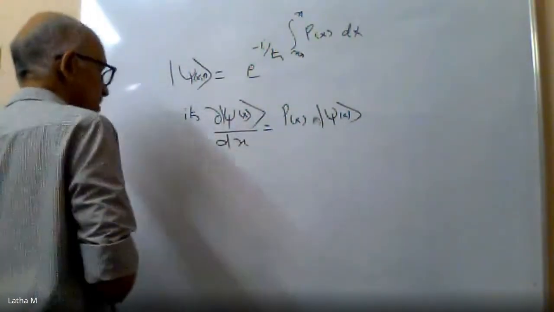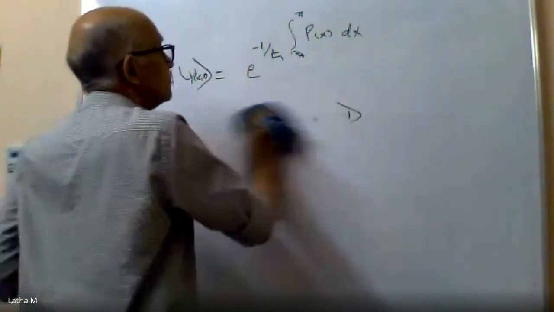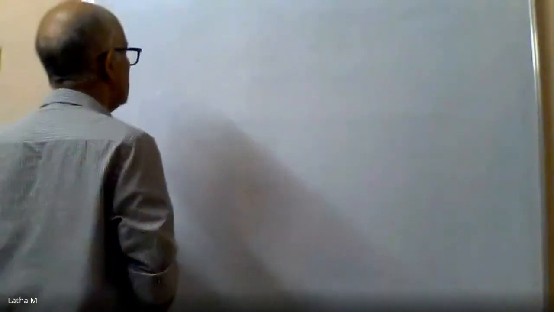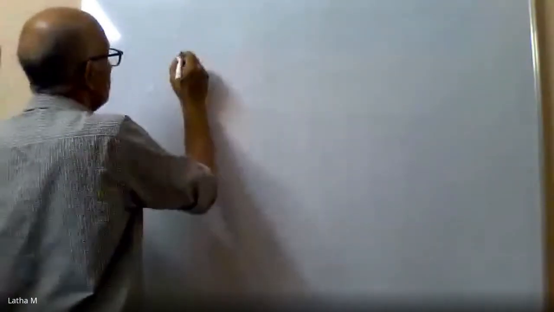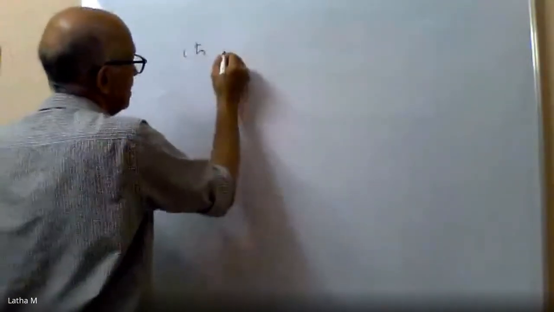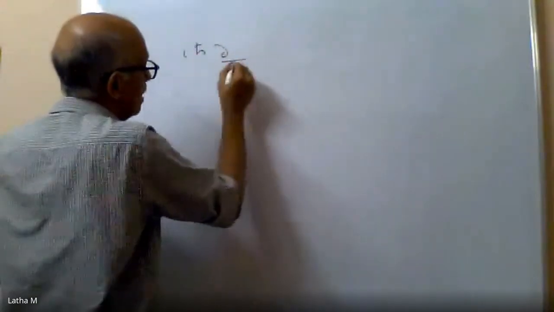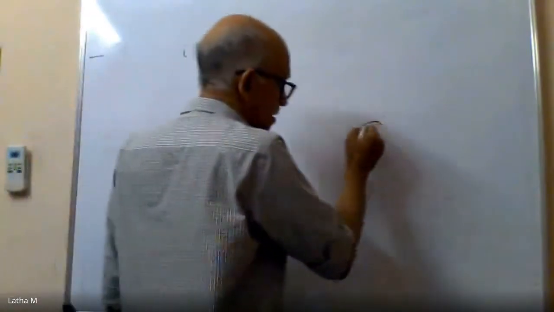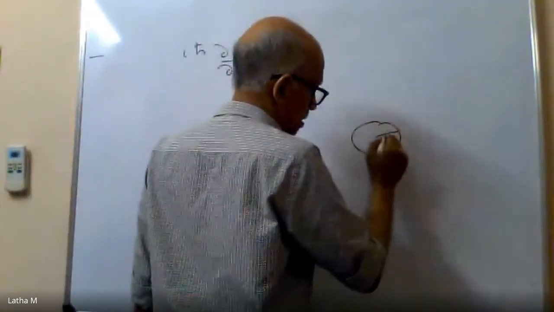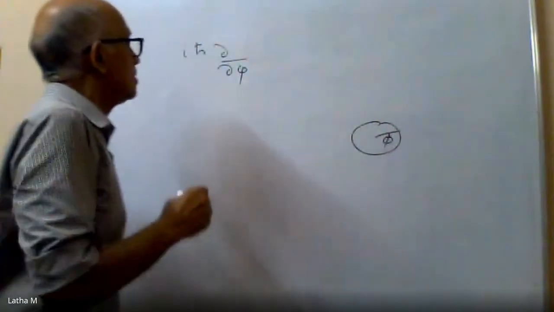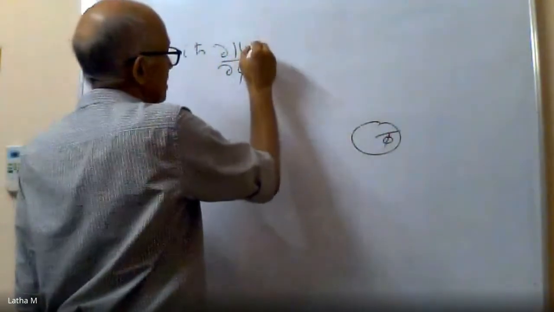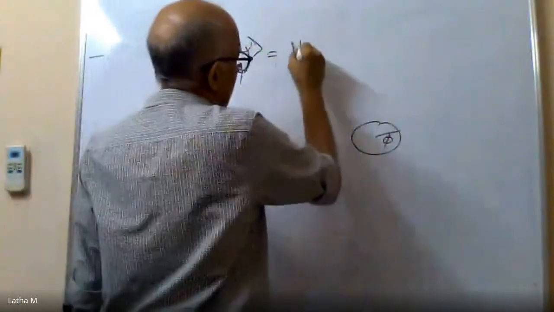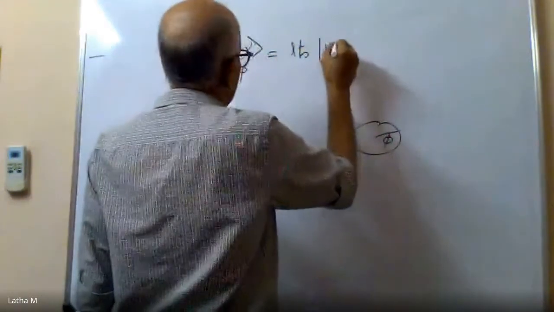Similar to linear momentum, I can write the angular momentum operator as ih cut d by d phi. Here phi is the angle. When it acts on this state, it will give the angular momentum L h cut psi.